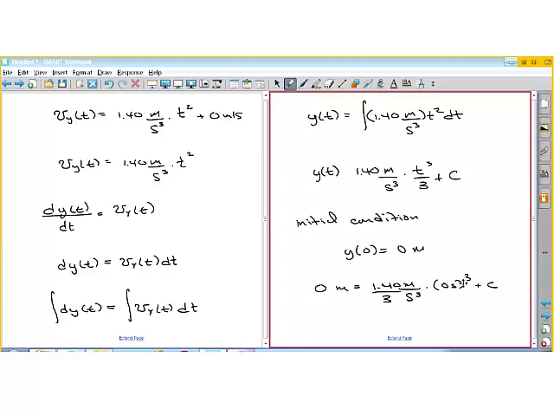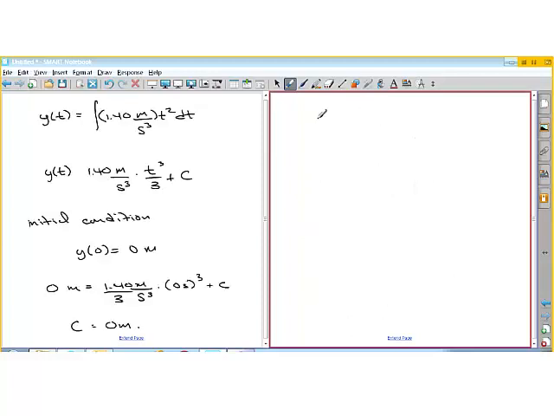The first term gives 0 meters, so c equals 0 meters. That's my arbitrary constant, 0 again. So the y displacement as a function of time is 1.40 over 3 meters per second cubed times t cubed plus 0 meters, and you can just drop the 0 meters.